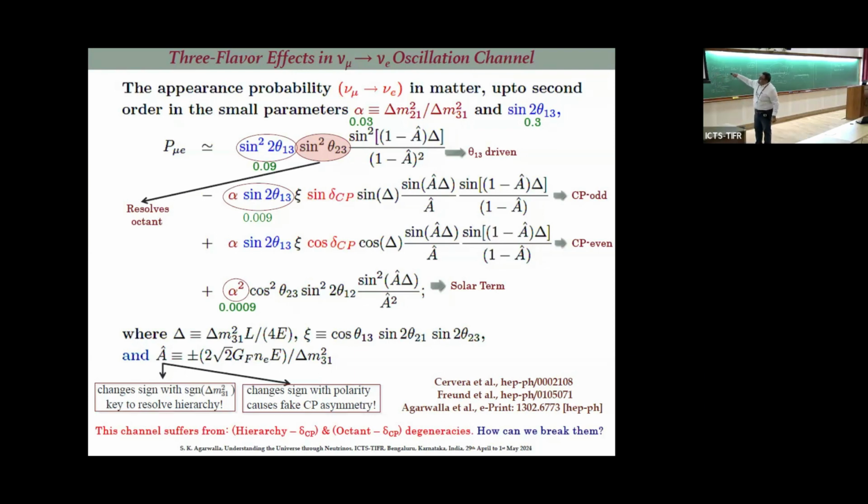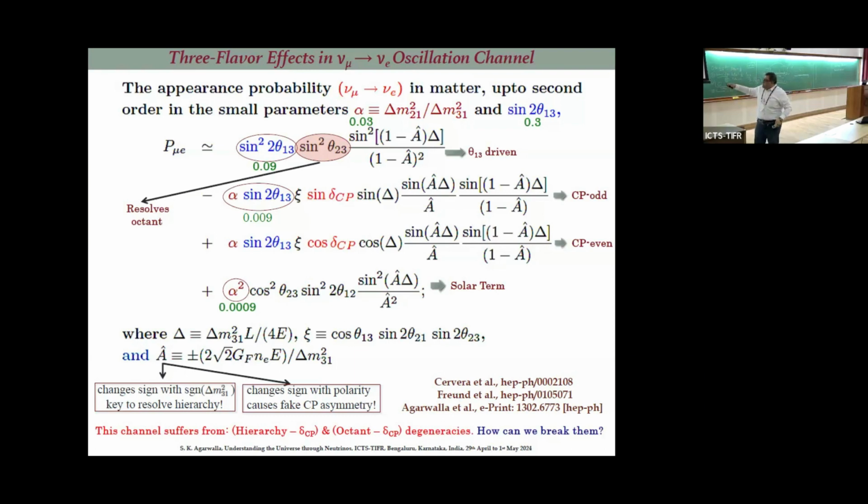Now comes the delta CP. You see, in the second term, we have the sine delta CP term. This is called the CP odd term, and you have the CP even term. So I was telling you, if you rely heavily on this channel, then there are so many unknowns. Suppose you don't have information from other experiments. Just think about it.